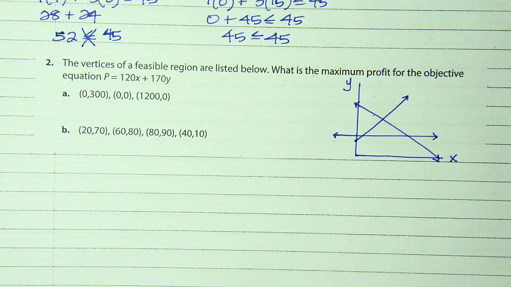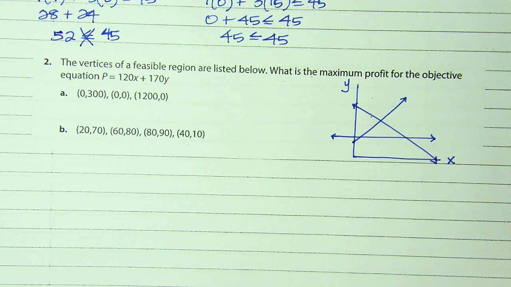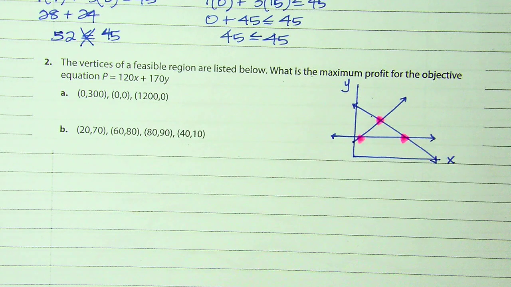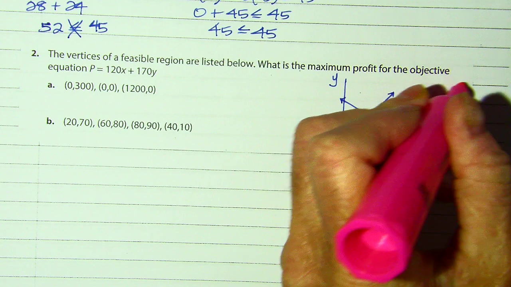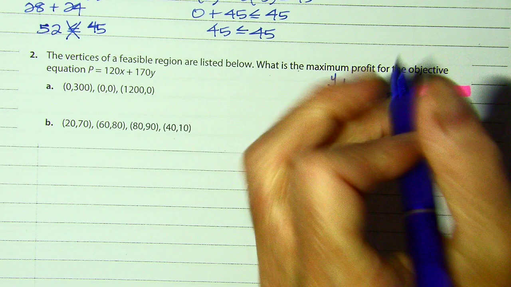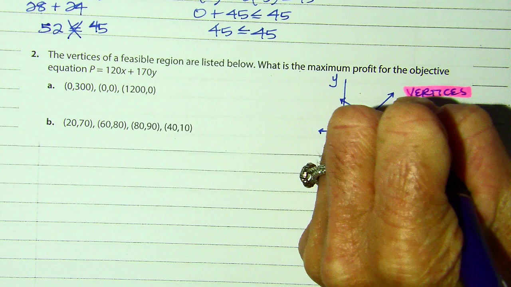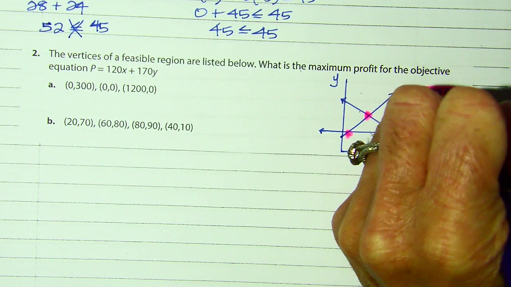So when they talk about vertices of a feasible region, they're referring to the point at which our lines intersect. And so these points are called our vertices of feasible region.